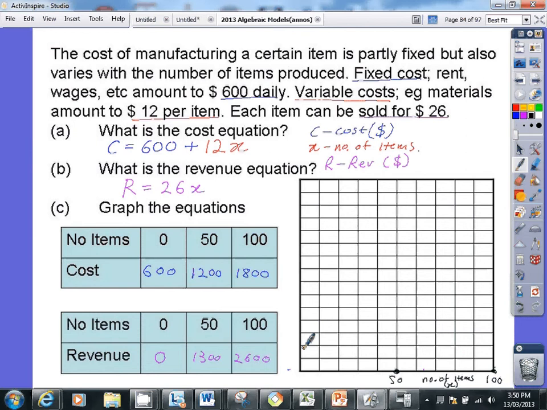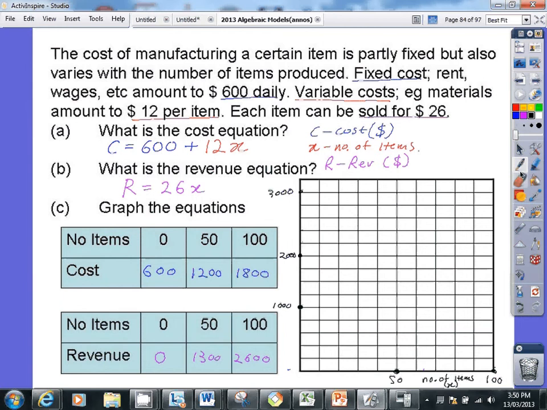Let's see, 1, 2, 3, 4, 5, 6, 7, 8, 9, 10, 11, 12, 13, 14, 15. So this looks like we're going to go up in 200s. 200, 400, 600, 800, 1,000. 200, 400, 600, 800, 2,000. 200, 400, 600, 800, 3,000. Whoopsie, I made a little boo-boo there.